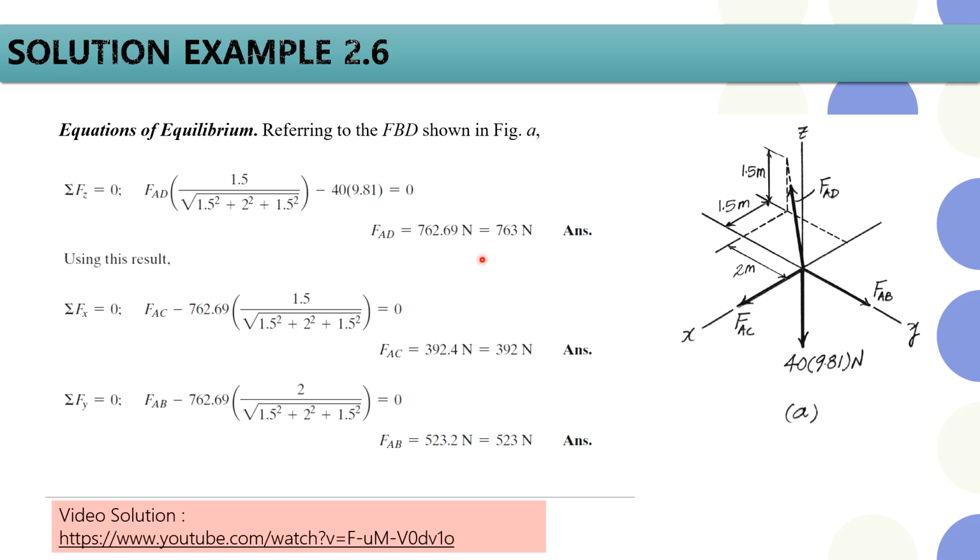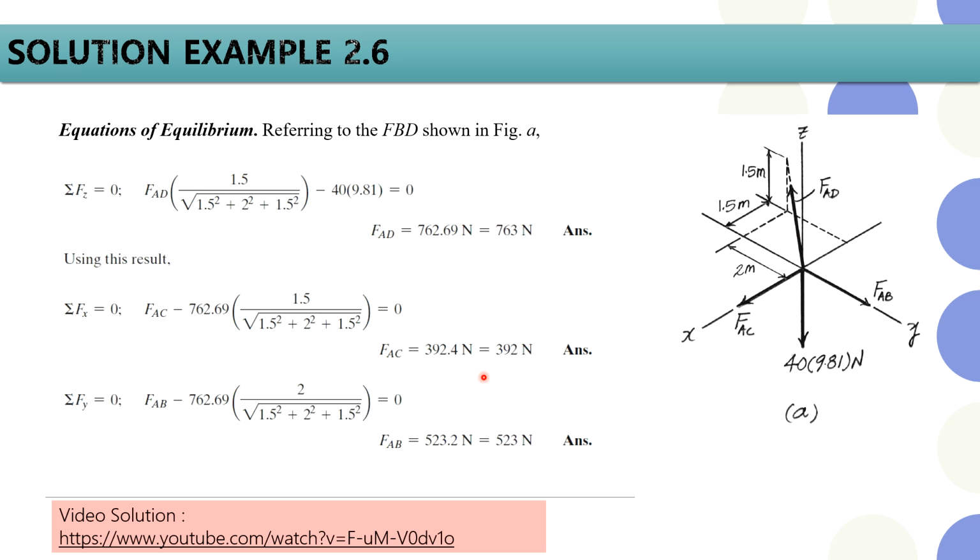763 newtons. So using this result, you can substitute it into your x and y equations to find FAC and FAB. Okay. So one cable and the weight.